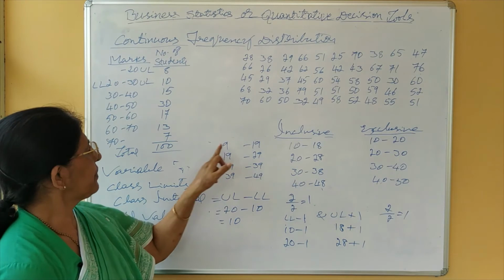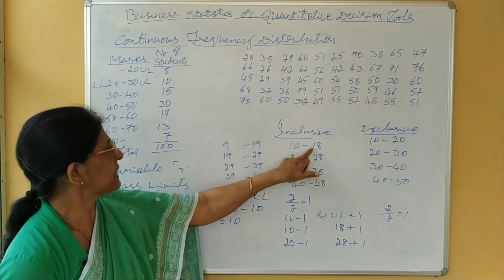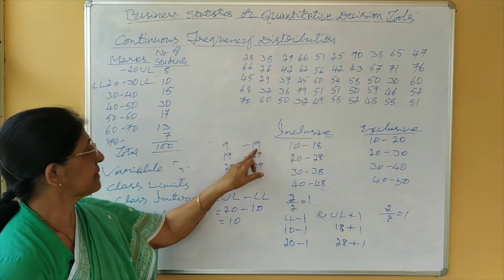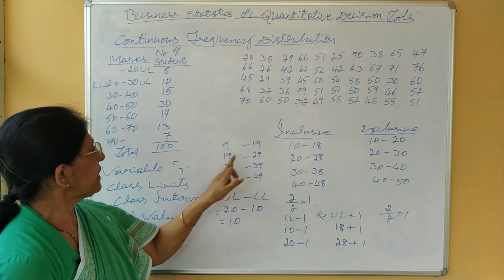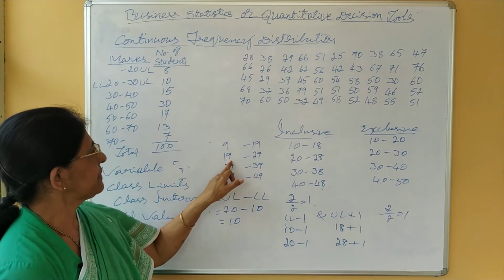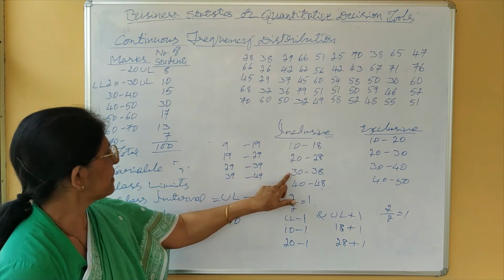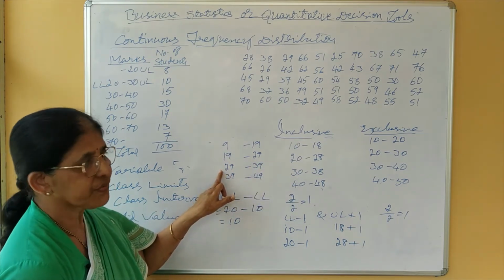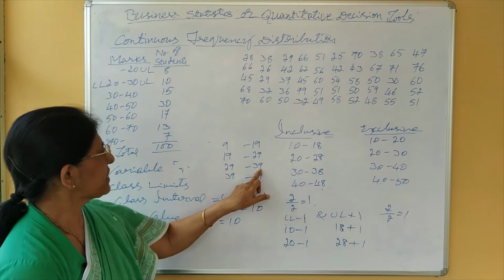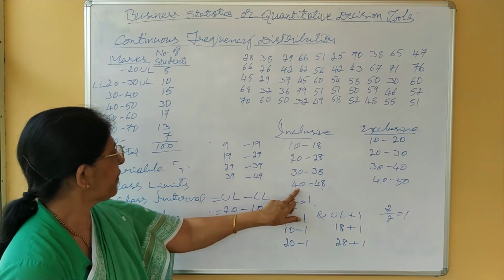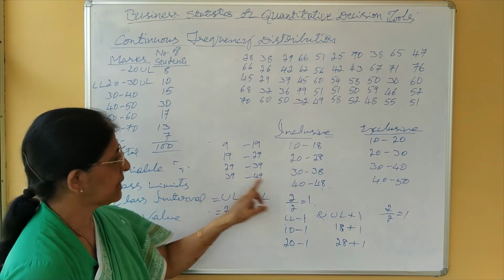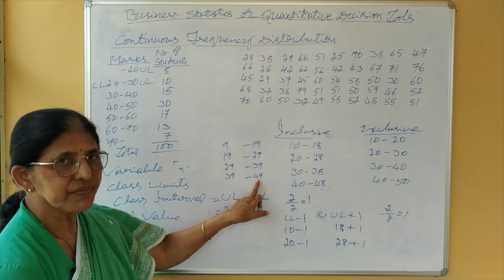Here 10 minus 1, 9, 18 plus 1, 19. Then 20 minus 1, 19, 28 plus 1, 29, 30 minus 1, 29, 38 plus 1, 39, 40 minus 1, 39, 48 plus 1, 49.